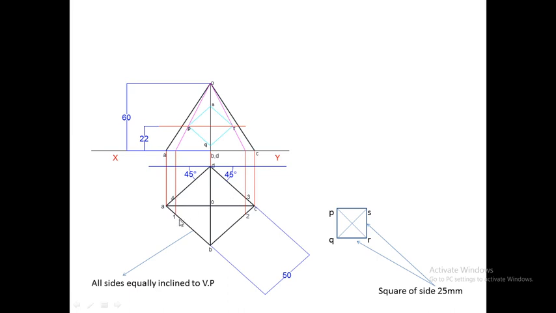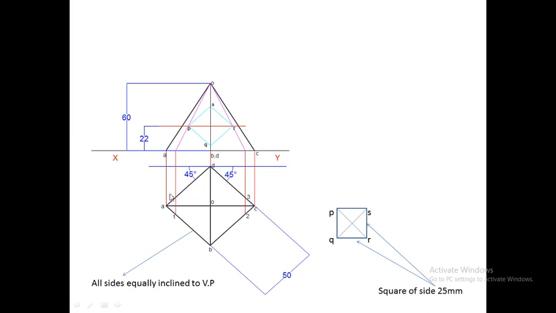So basically we have drawn 4 extra slant edges in the top view, that is slant edge O21, slant edge O22, slant edge O23 and slant edge O24. Students, I have not joined these points here because these are imaginary slant edges. You can draw light lines from O21, O22, O23 and O24.